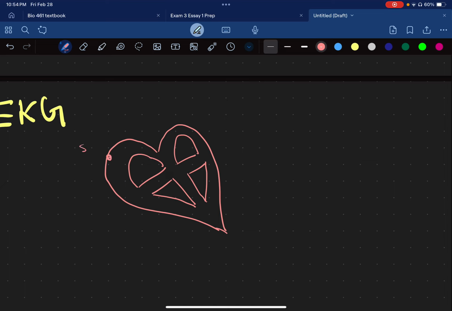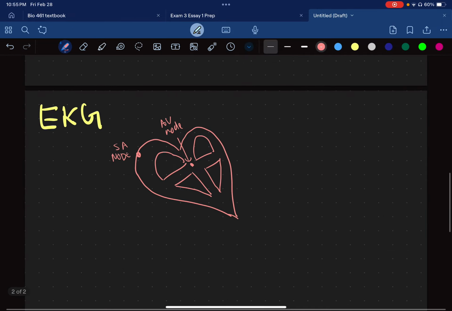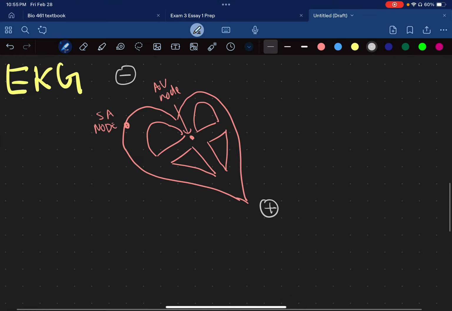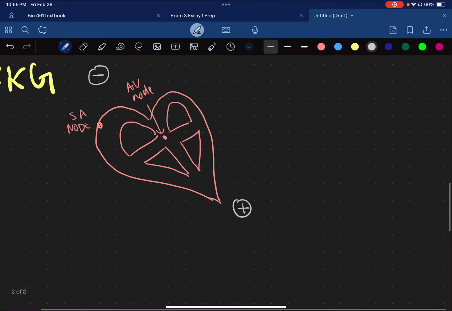We've got the SA node. And then here in the middle is our AV node. And what's going to happen with the electrocardiogram is it's going to be picking up electrical fields or electrical impulses from the heart. So differences in the electricity of the heart are going to cause things to change.